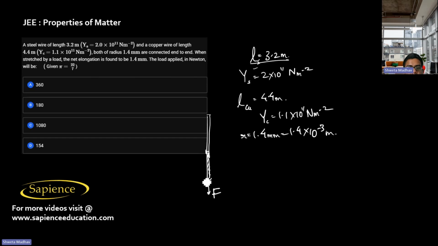Then the net elongation, meaning the extension in the steel plus the extension in the copper wire, will be 1.4 millimeter only. Then how much is the load applied in Newton? So how much is the load that we will find out? We know that F is equal to YA by L into delta L. Therefore delta L is FL by AY.